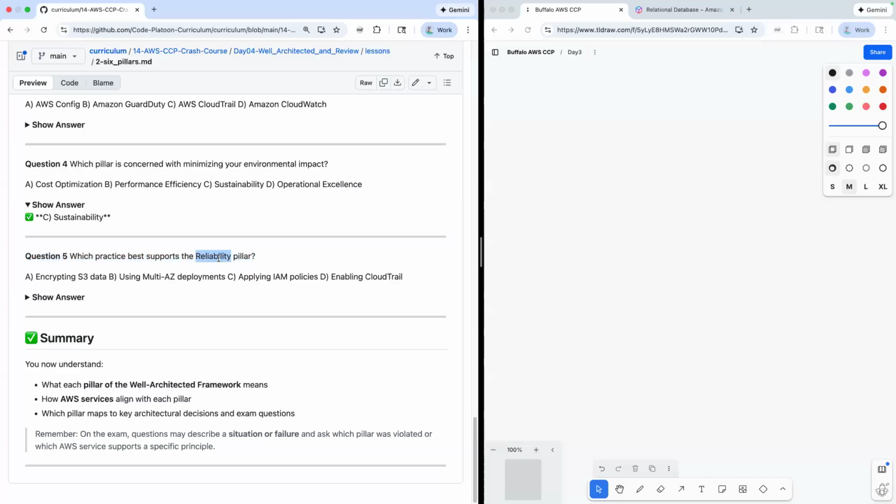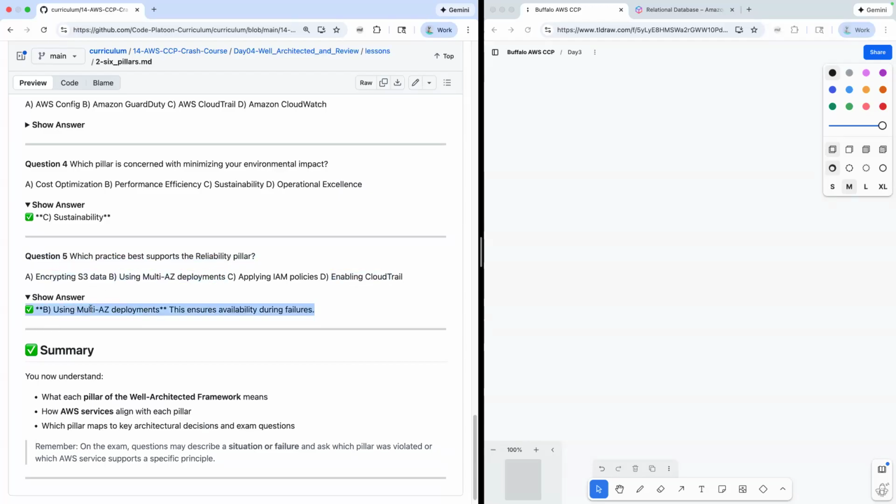So the reliability pillar is about disaster recovery and fault tolerance and failover. So I'm thinking availability zones. I'm thinking auto scaling. I'm thinking disaster recovery. So it's not encrypting, it's not about security. It's not about logging, but I've got multi-availability zone deployments and we've got B.